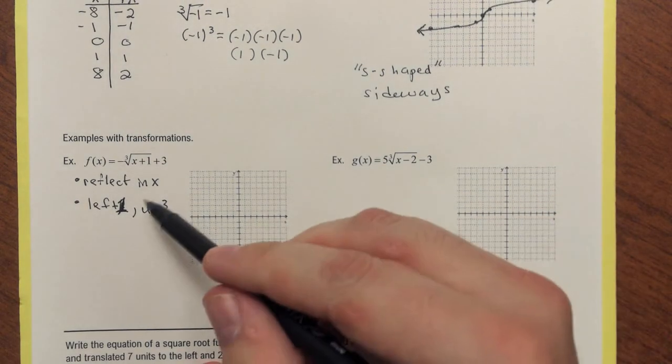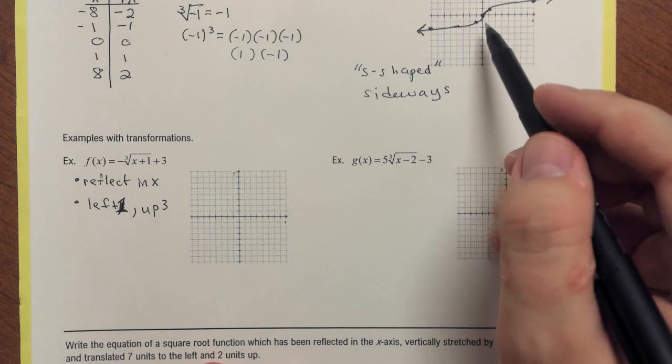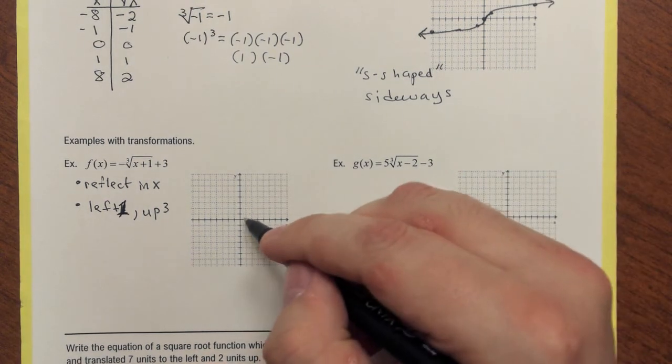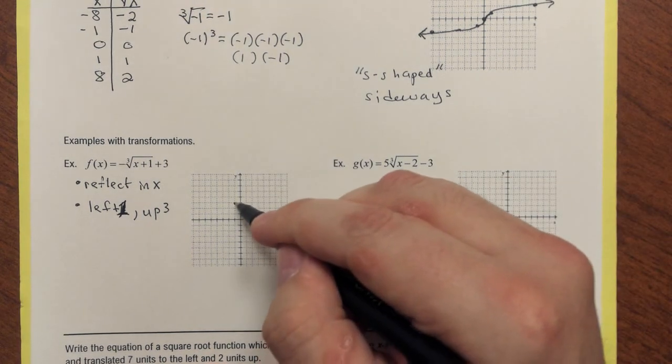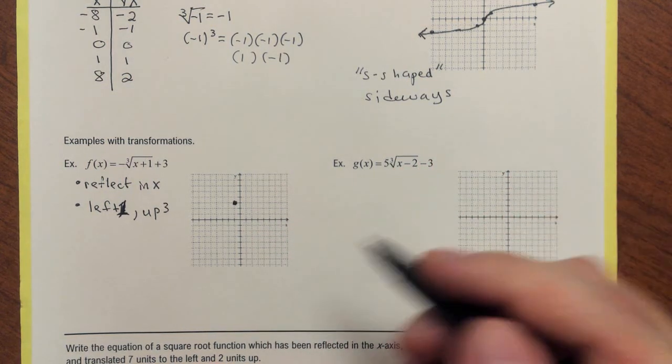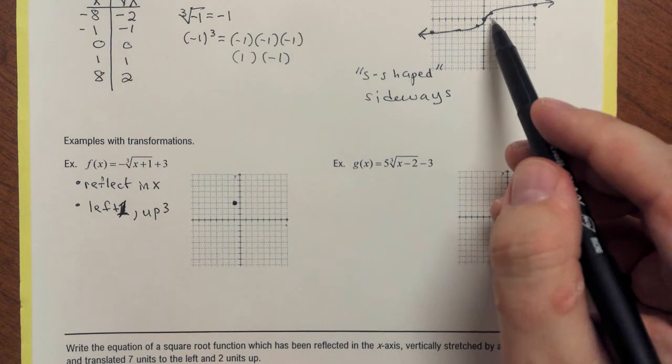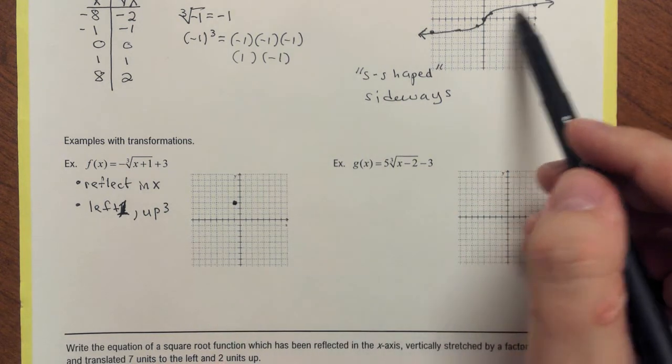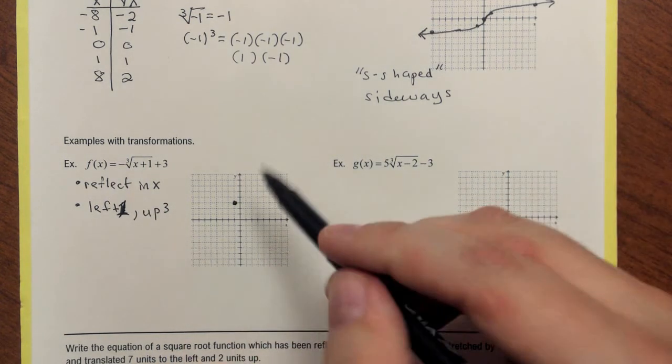So left 1 and up 3 tells me where that center point is going to be. Left 1 and up 3 will put me right here. Now here's the deal. Where I normally go up on the right side, since I'm reflecting, I will be going down.